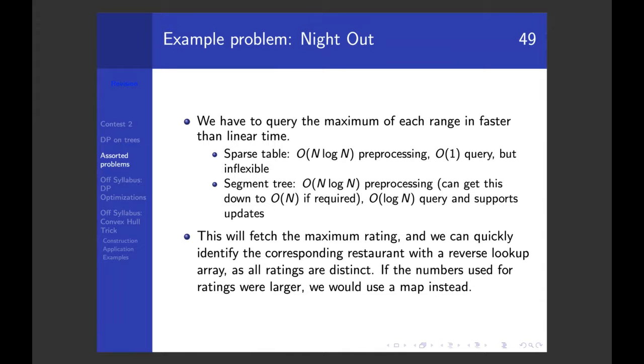Another way of thinking about it is if we use a pair of value, index. If you've seen pairs in C++, the way their comparator works is it first compares the first element and then the second element. If you have a segment tree over pairs where each value is a pair of value, index, and your segment tree automatically fetches the index as well, that can be useful. In this problem, we just use lookup arrays though instead.